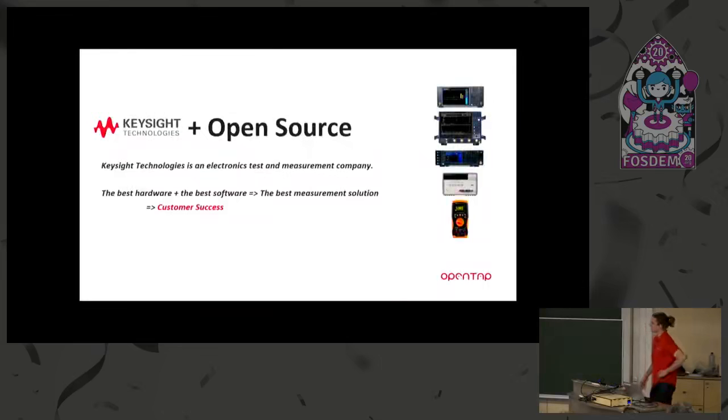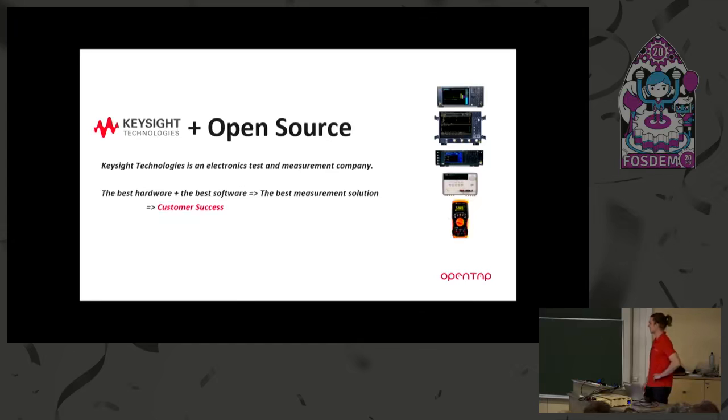As I said, I work at Keysight Technologies, and OpenTAP is one of the first software projects that we're doing as open source. Keysight Technologies is an electronics test and measurement company, and some of our products are these instruments you see out here to the right.